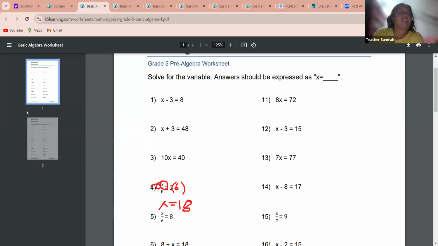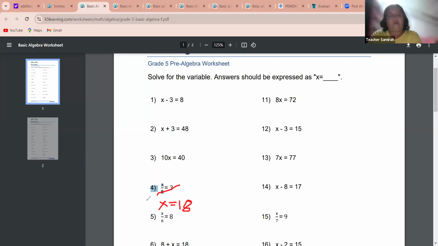Another explanation is this: if you have this kind of equation, you simply need to cross multiply. So 6 times 3 would give us 18. X times 1 would give us x. That is why we have x is equal to 18.